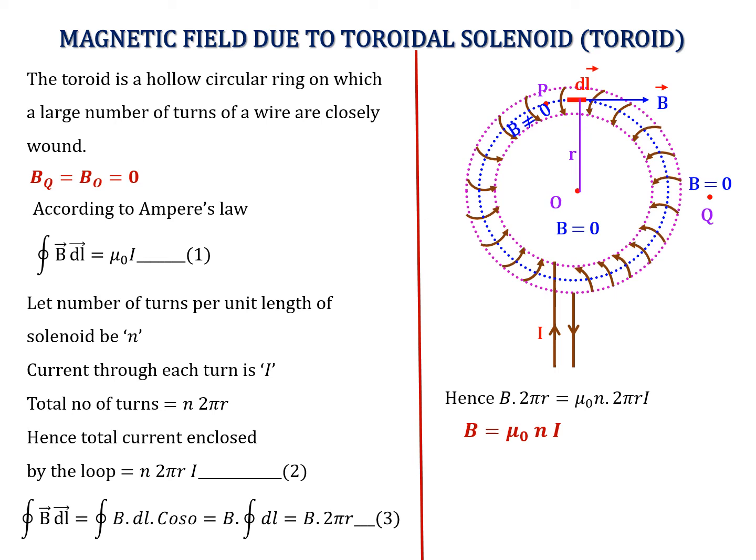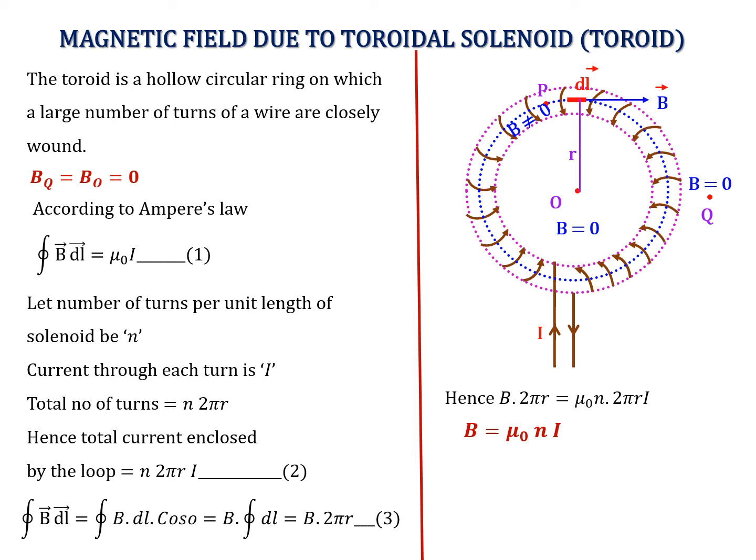This expression is the same as the magnetic field due to a straight solenoid. This shows the magnetic field does not depend upon the shape of the solenoid. It depends only upon the nature of the medium in the core, the number of turns per unit length, and the current that is passed through the solenoid.